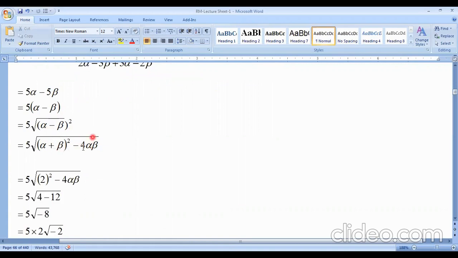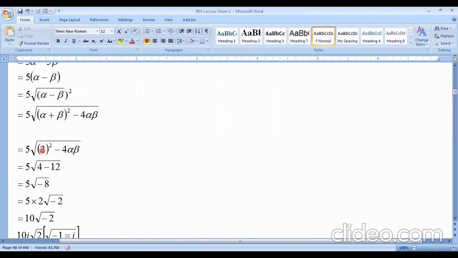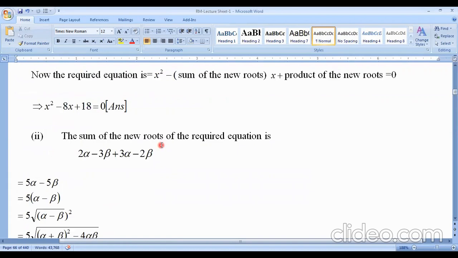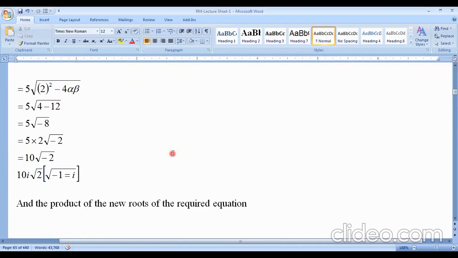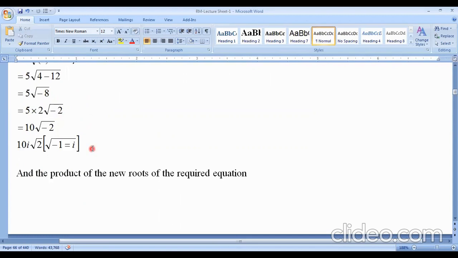Alpha plus beta, the sum of the roots of the original equation, is 2, and the product alpha beta is 3. Putting in 3, 4 times 3 is 12, then we get square root of minus 8. This can be written as 10 into root over minus 2. This is the sum of the new roots.